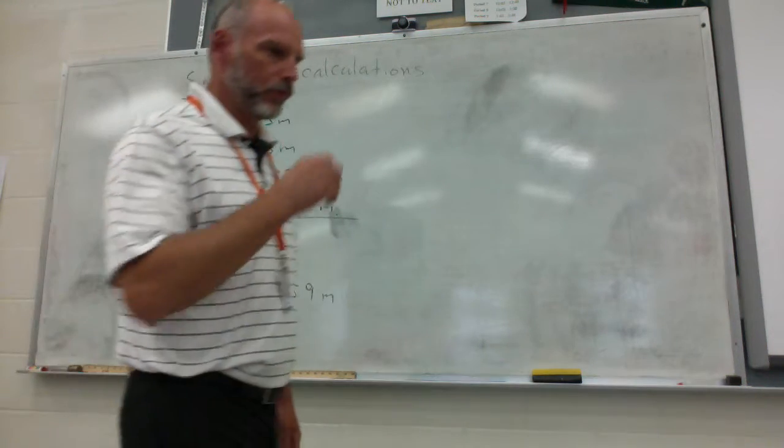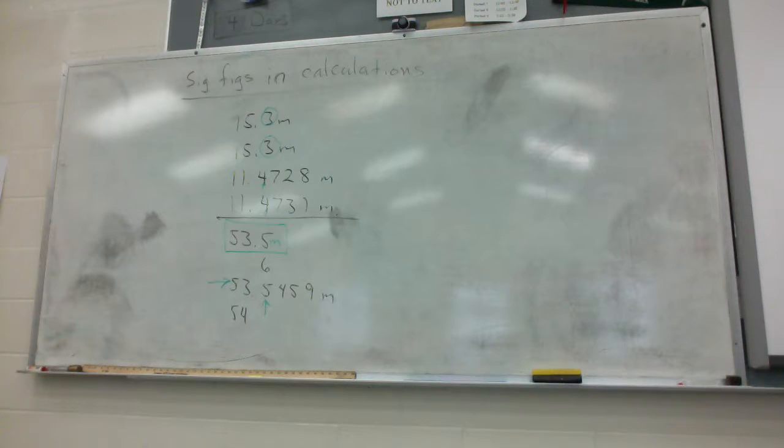Which brings us to this. There are a number of rules that you're going to learn here shortly that tell you where your answers are valid to, whether you're able to write those down with any sort of validity. There's a rule for addition and subtraction.